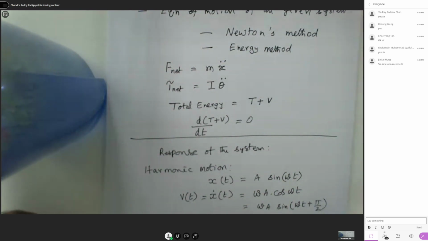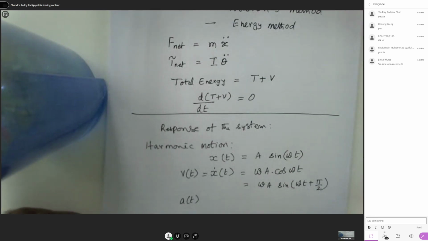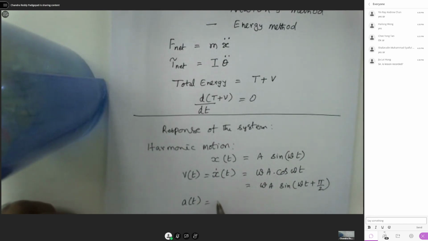Then if you take the derivative of velocity, we get acceleration. So acceleration is the second derivative of displacement. We can write it as negative omega square A sine omega t.